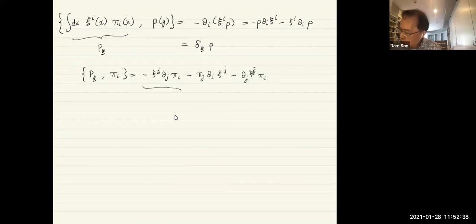And again, one can check from the formula for the transformation that gives us the transformation properties of a vector. The transformation of a vector density under coordinate transformation is nothing but the change of a vector density pi_i under infinitesimal coordinate transformation parameterized by xi.